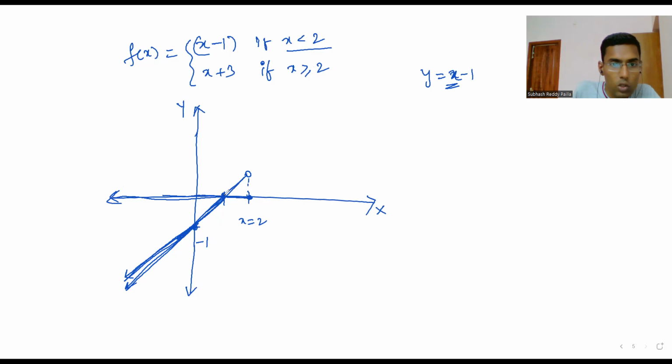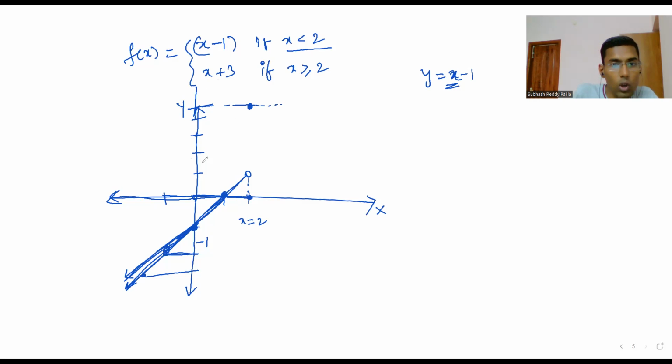At 1, it is 0. At 0, it's minus 1. At minus 1, it is minus 2. At minus 2, it is minus 3. Like this. But at x equal to 2, what? This is 1, 2, 3, 4, 5. At x equal to 2, it's 5.